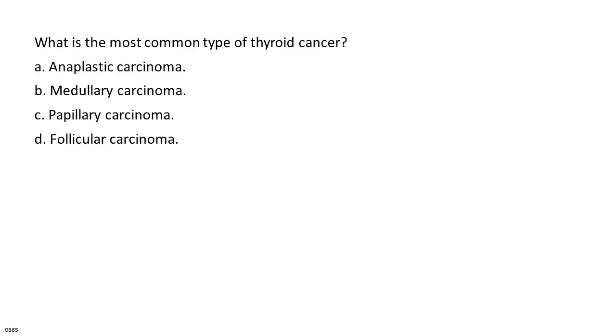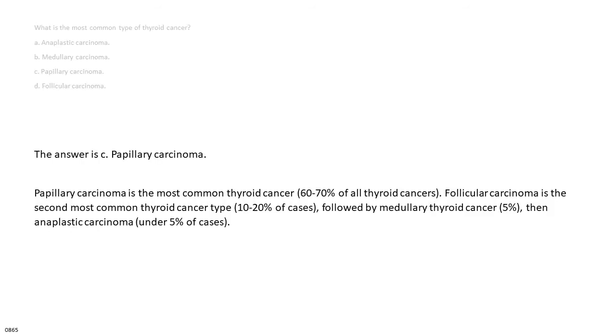What is the most common type of thyroid cancer? A. Anaplastic carcinoma. B. Medullary carcinoma. C. Papillary carcinoma. D. Follicular carcinoma. The answer is C. Papillary carcinoma.